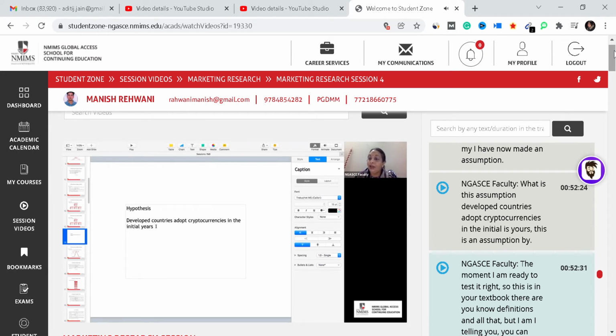The moment I am ready to test it, right? So this is in your textbook. There are definitions and all that, but why am I telling you all this? You can easily understand it like this.